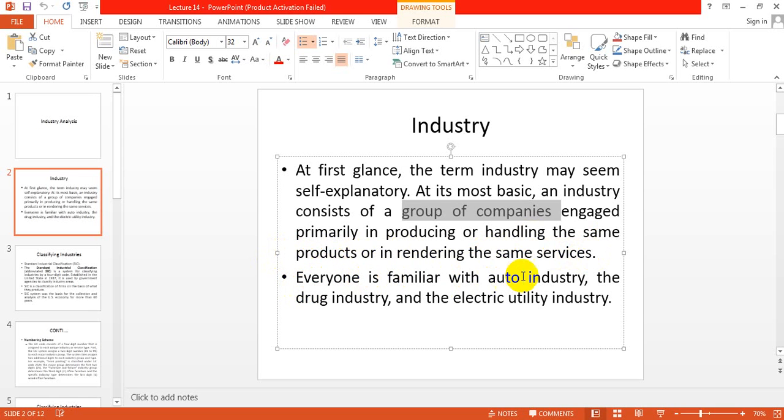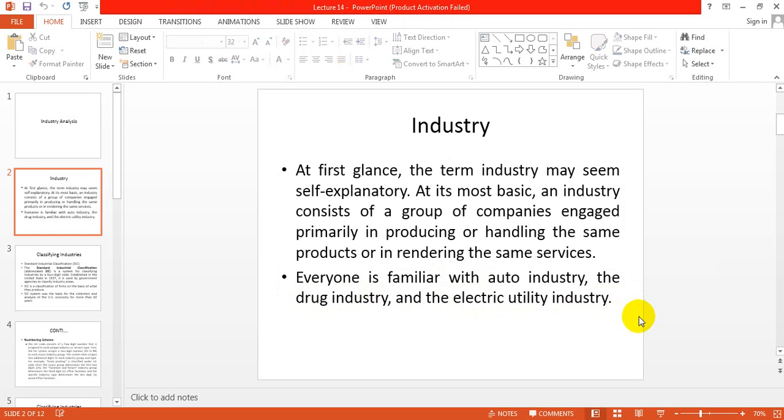Everyone is familiar with the auto industry, vehicles, the drug industry, medicines, and the electric utility industry, which are making electric utility products. So industry is basically a group of companies which are engaged in the same type of products, or rendering the same type of services.